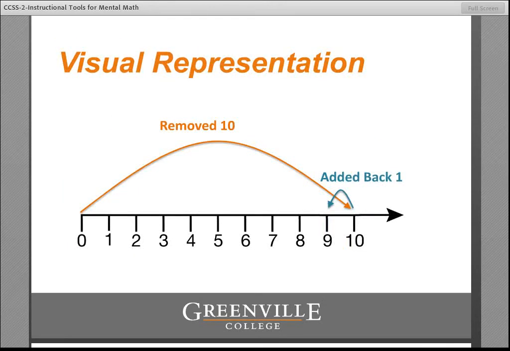So then I would do some visual representations on the board. And again, these visual representations are very intentionally chosen to get the students thinking about the math that's happening. So this visual representation is primarily geared towards helping them understand why it works based on the idea of 9's proximity to 10. So since 9 is so close, if we take out 10, we can compensate back 1 for the 9 that we just took out.